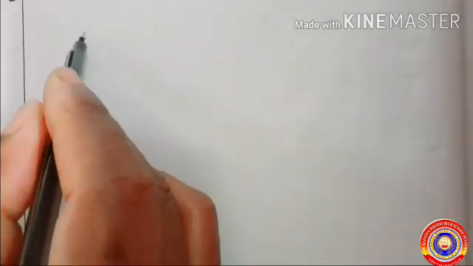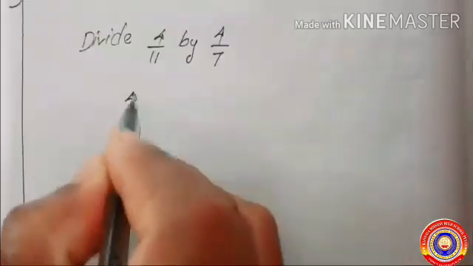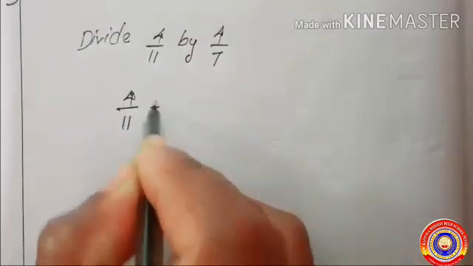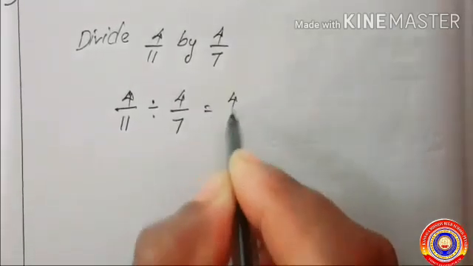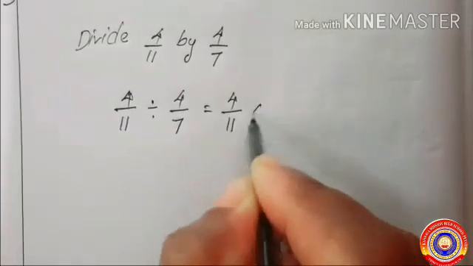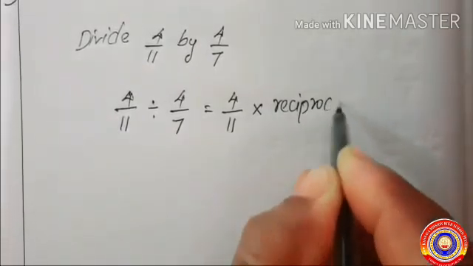Second example, divide 4 by 11 by 4 by 7. We have to divide 4 by 11 by 4 by 7, which is 4 by 11 into reciprocal of 4 by 7.